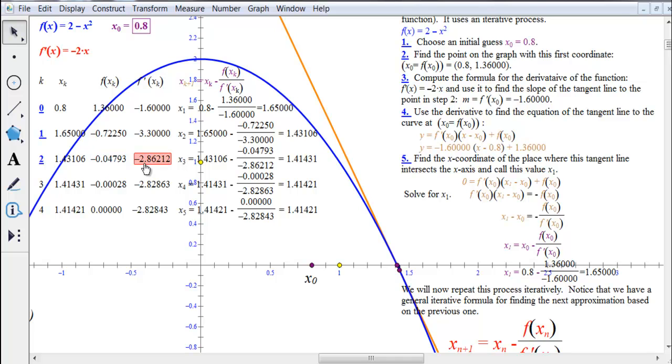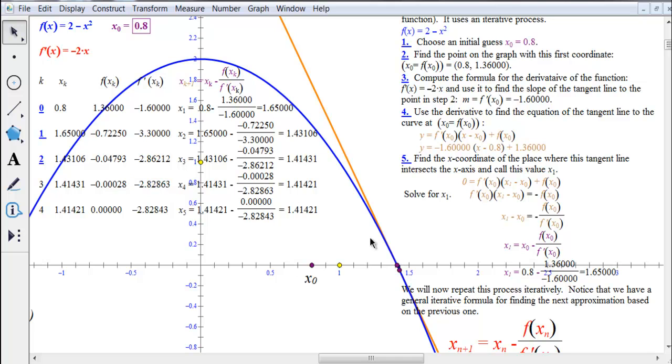Find the slope of the tangent line there, which is negative 2.86212. Okay, and then what do we do now? We find x3. How do we find that? We take x2, the 1.43, whatever, minus the y value divided by the derivative, and that gives us x3.